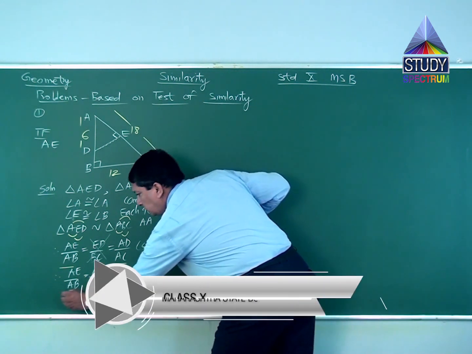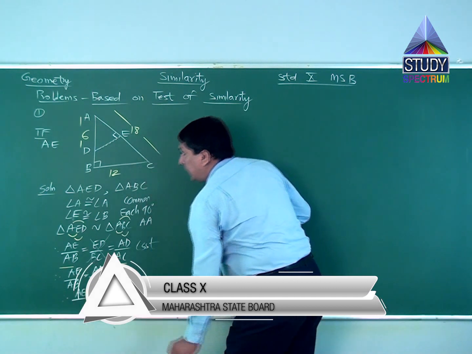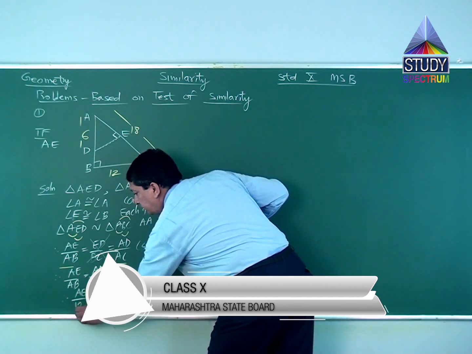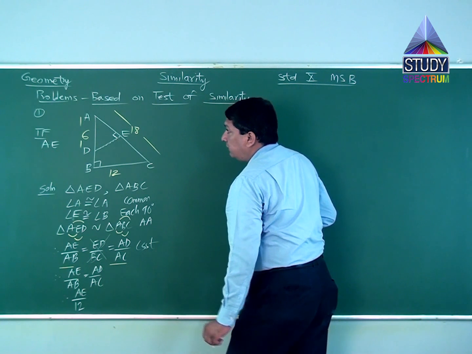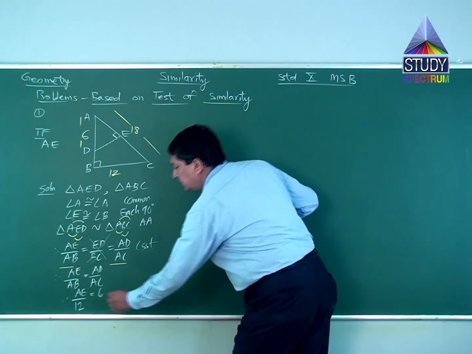So I'll put the values now. AE we need to find out. AB value is 12. AD value is 6. And AC value is 18.